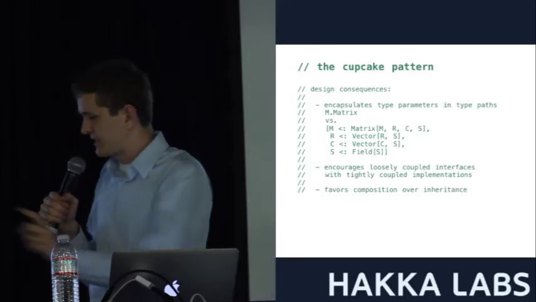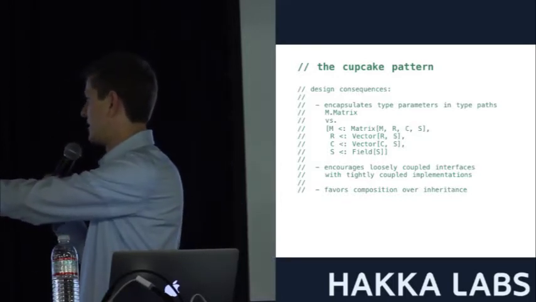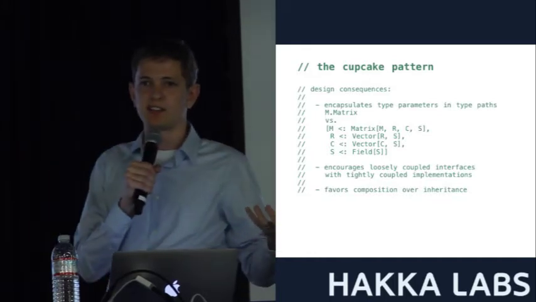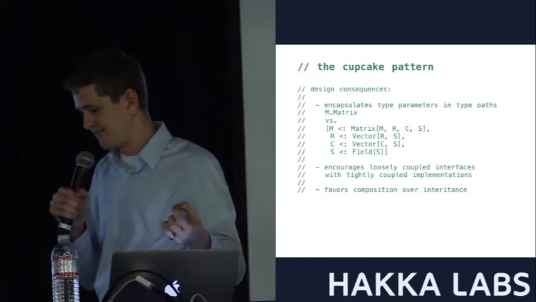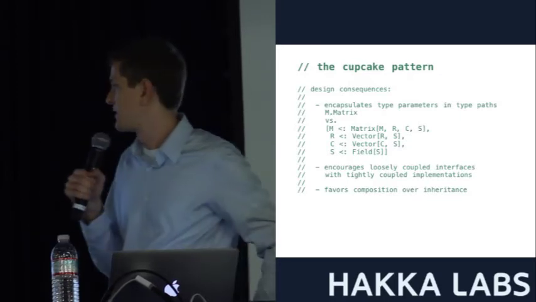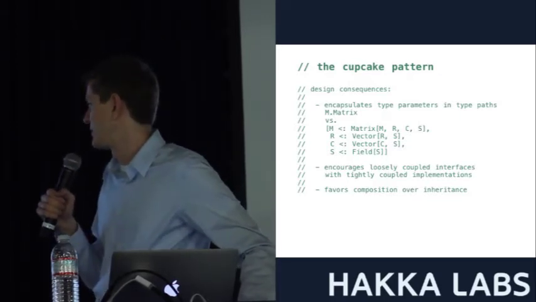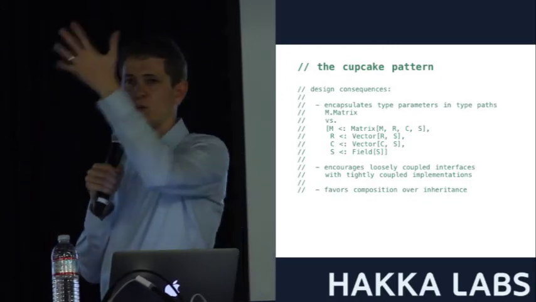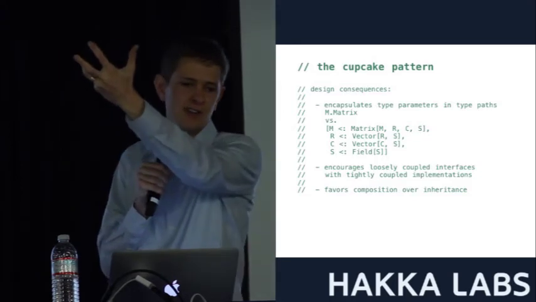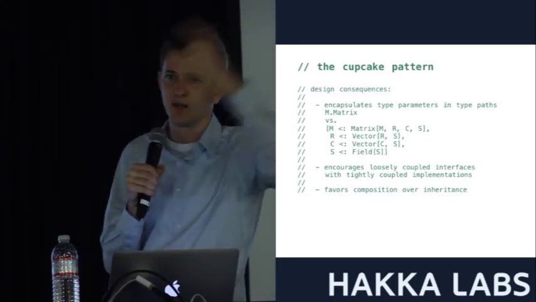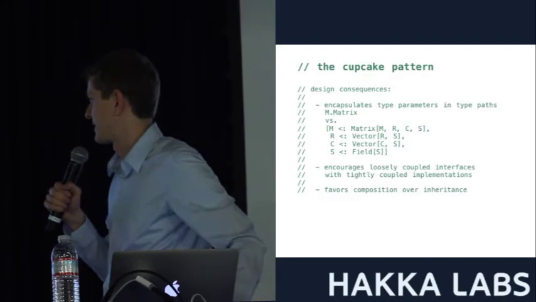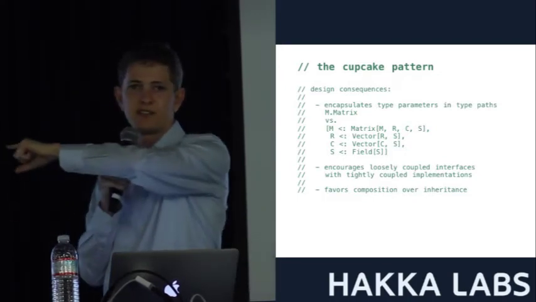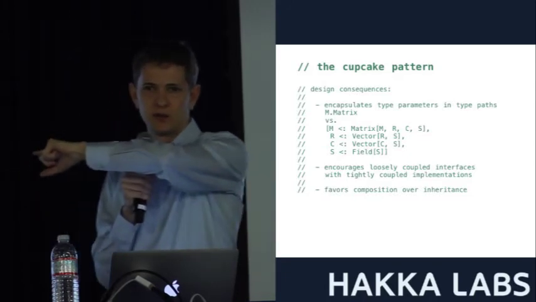I think this gets turned upside down with a lot of object-oriented design, because you want those loosely coupled interfaces, and you can't really do it without adding a whole lot of bloat and getting stuck in that cycle of going back up to the base class, where if you have to work with every kind of a thing, then every time you have a new kind of that thing, you end up with this explosion of complexity. And you really do want tightly coupled implementations; that is absolutely desirable.